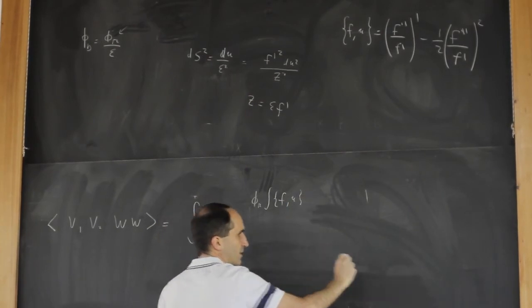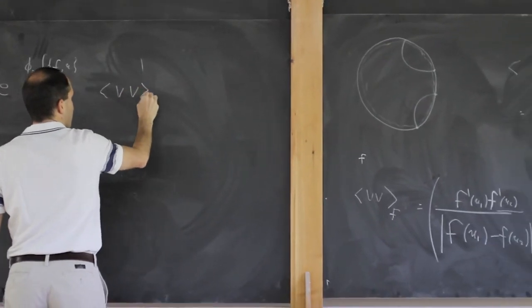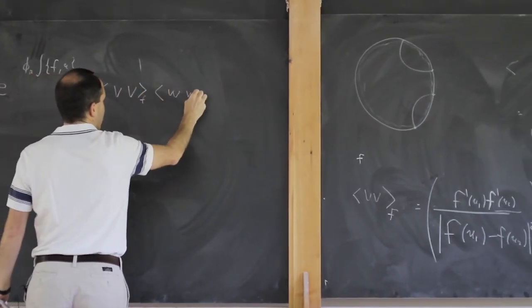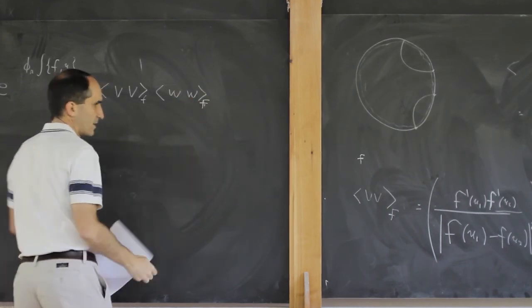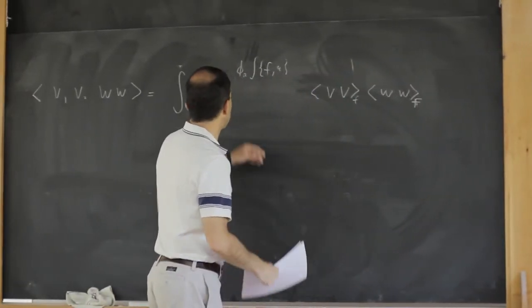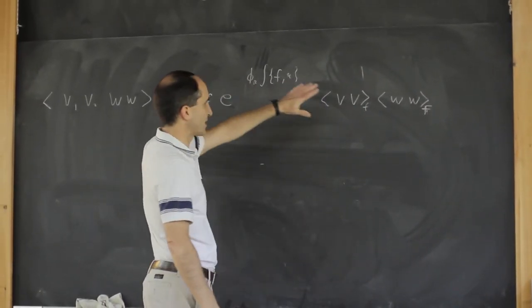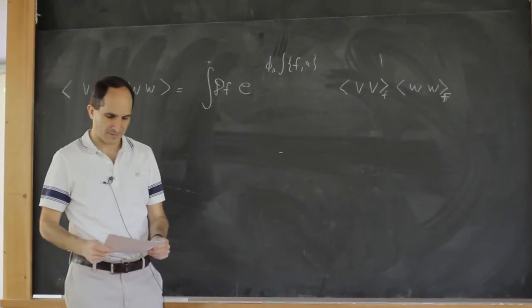And then for each of the two correlators, you insert the expression for f and the similar expression for w, right? So we have the same two expressions. And in principle, if you did this functional integral exactly, you would get the full gravitational correction.